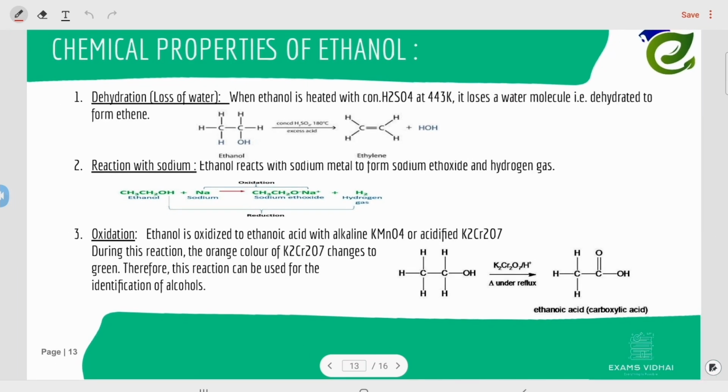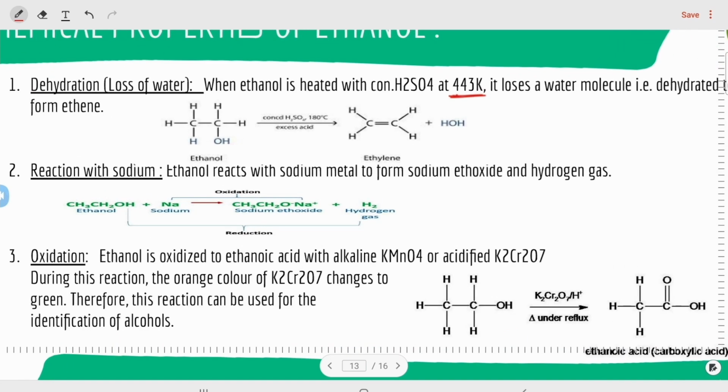What is dehydration? When ethanol is heated with concentrated H2SO4 at 443 Kelvin, it loses a water molecule and it is dehydration. Dehydration, removal of water. So this concentrated H2SO4 will mostly produce an H plus. According to this, it wants to remove one water molecule.